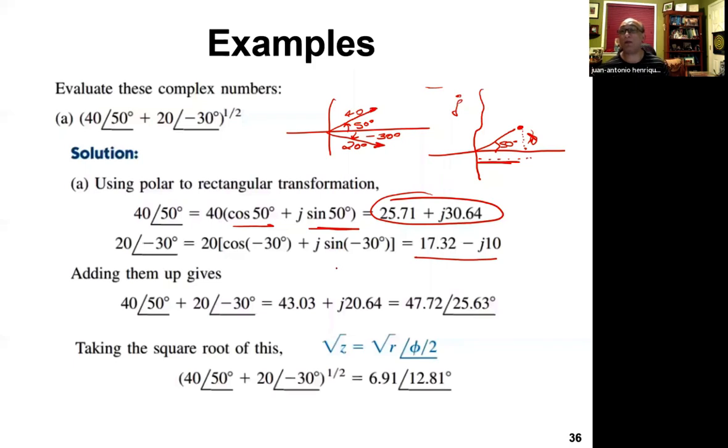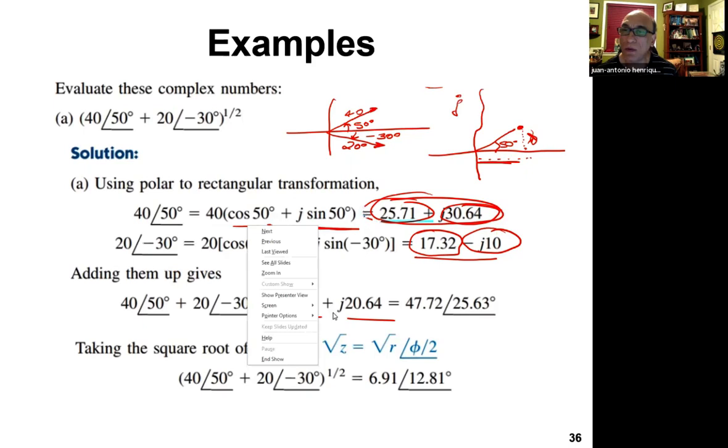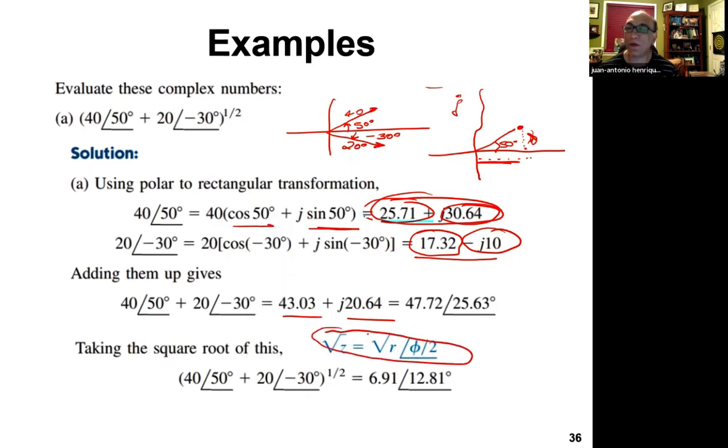And now we can add them together. So now we can add real with real and imaginary with imaginary to get this. Now that we have it in that form, it's easier for us to go back to polar coordinates, because in polar coordinates we can apply this simpler rule to find the square root of that number.